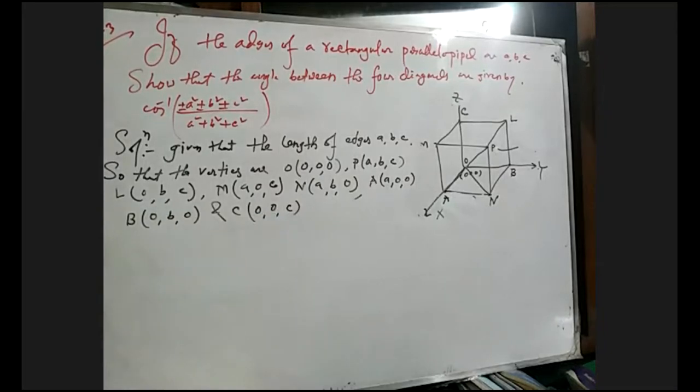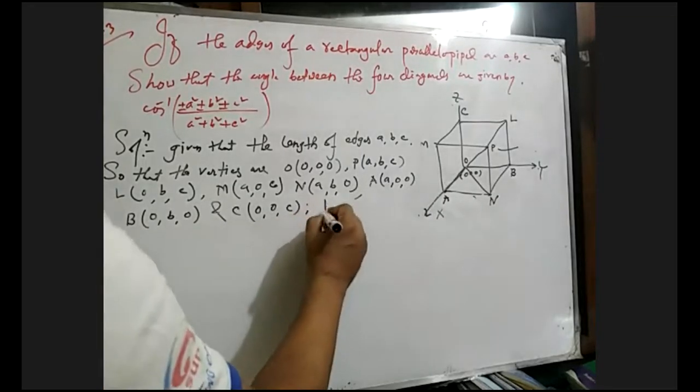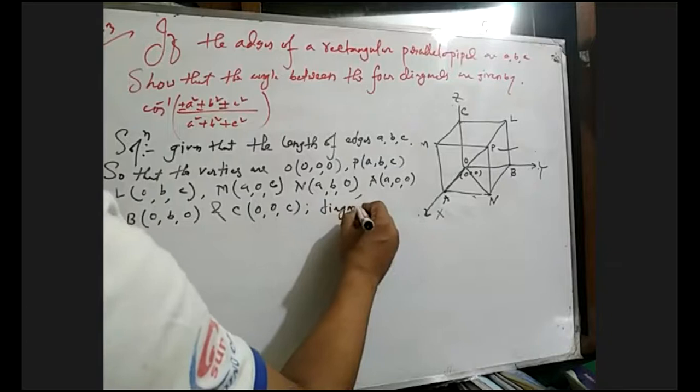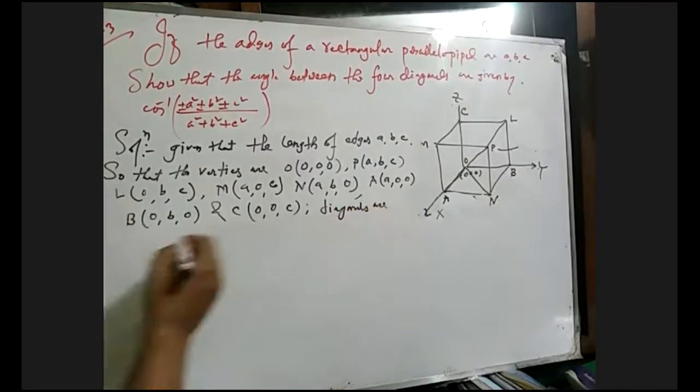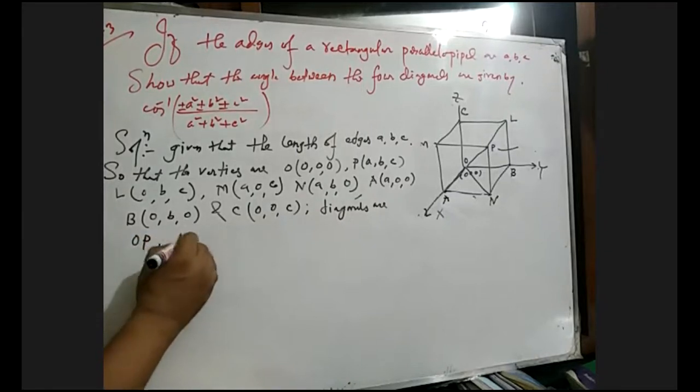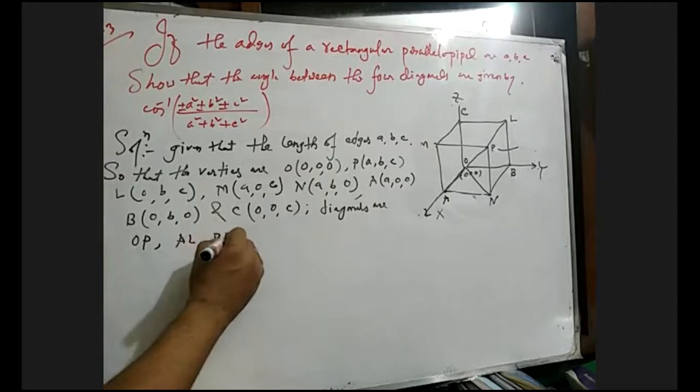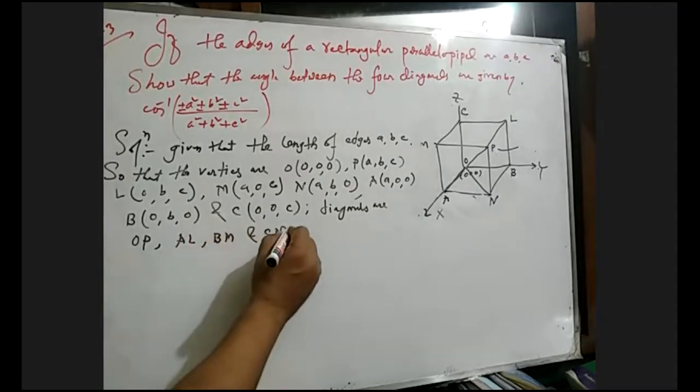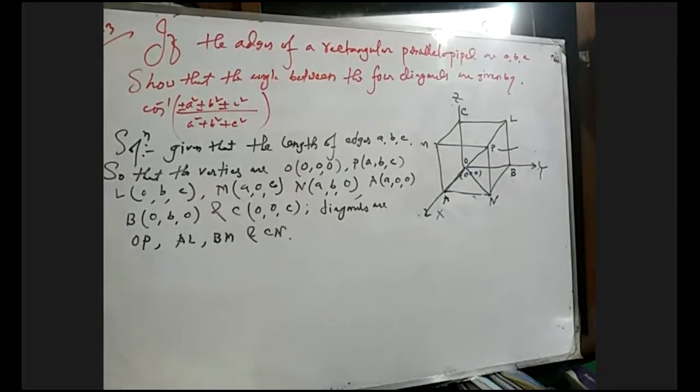So there will be the same 4 diagonals, and the diagonals are OP, AL, BM, and CN, same as in the previous examples, having direction ratios.